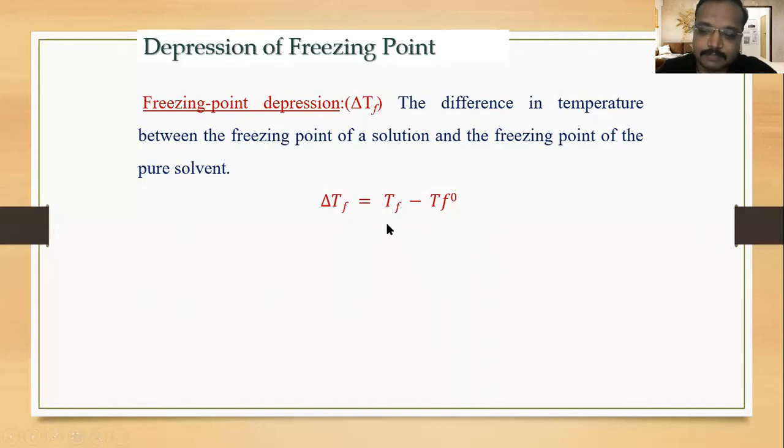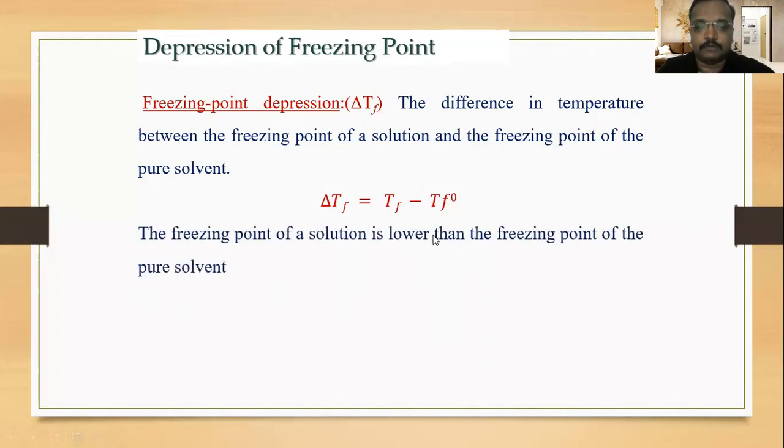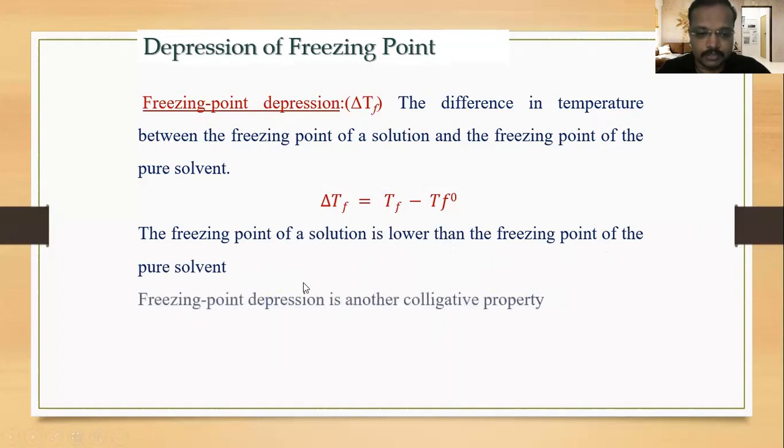The freezing point of the solution is lower than the freezing point of the pure solvent. The freezing point depression is another colligative property. So the third colligative property which we are learning today is the depression of freezing point, that is delta TF. I hope it is clear to you.